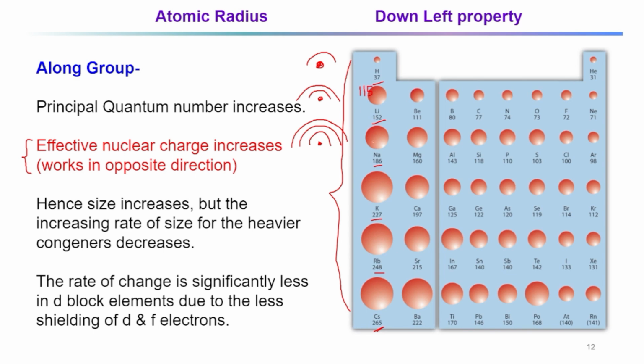Now in between lithium and sodium, the change is 34 picometer. I'm just telling you the change in the size. Now sodium to potassium, that will be 14 plus 27, meaning 41.